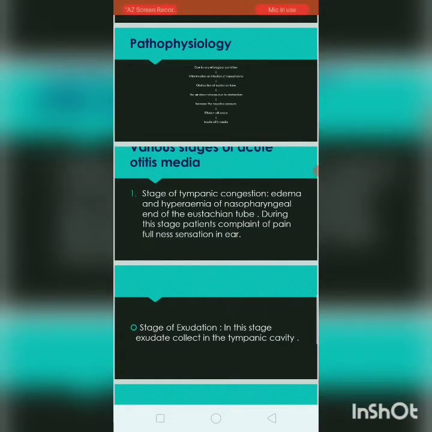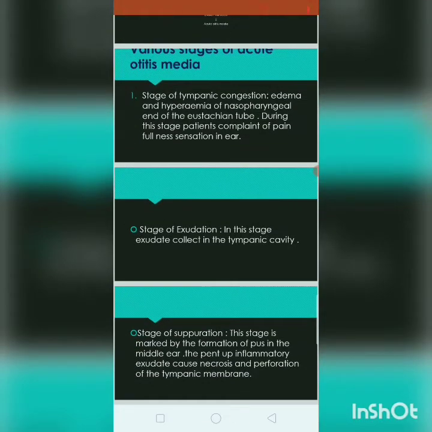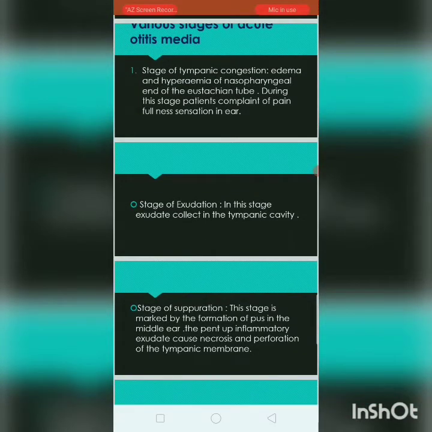During this stage, the patient complains of pain and a fullness sensation in the ear.